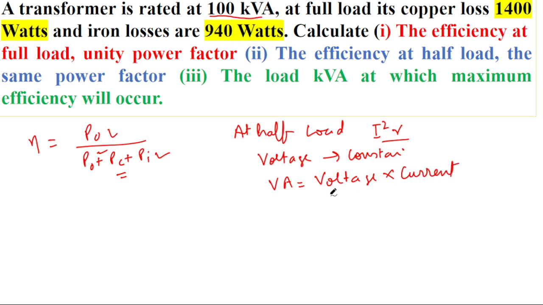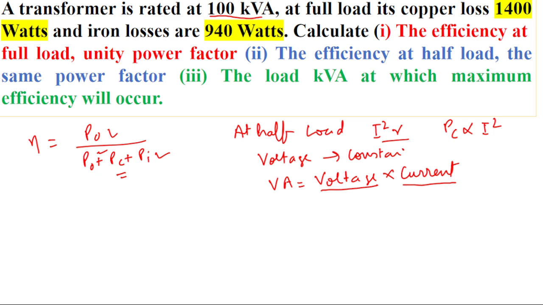If you multiply both sides by 1000, it will become kVA. So voltage will remain constant in a transformer irrespective of loading, and only the loading changes, meaning the current changes. If you increase the load, the current will increase, otherwise the current will decrease. So at half load, how much will the current decrease, and the losses PC are directly proportional to I square, right? With these two pieces of information, we will try to calculate this.